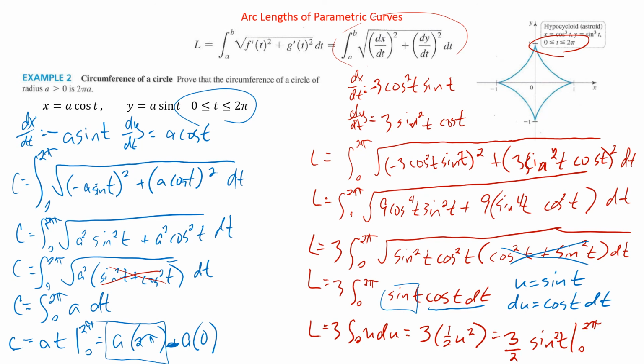I'd go from 0 to pi over 2, and then you could actually multiply by 4 because these are going to be symmetric. So let's erase some of this other one so that we can continue this.